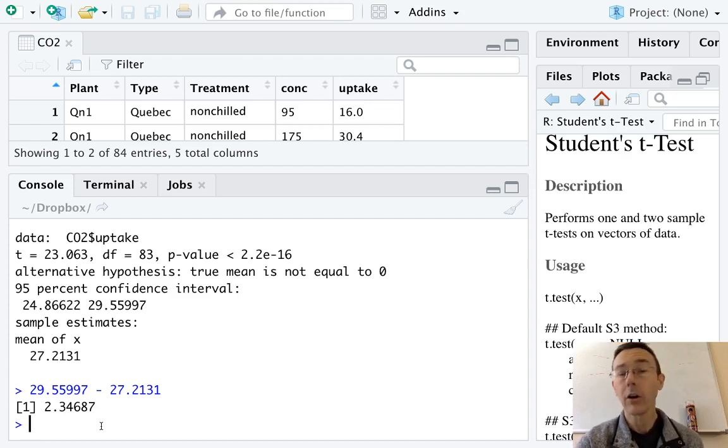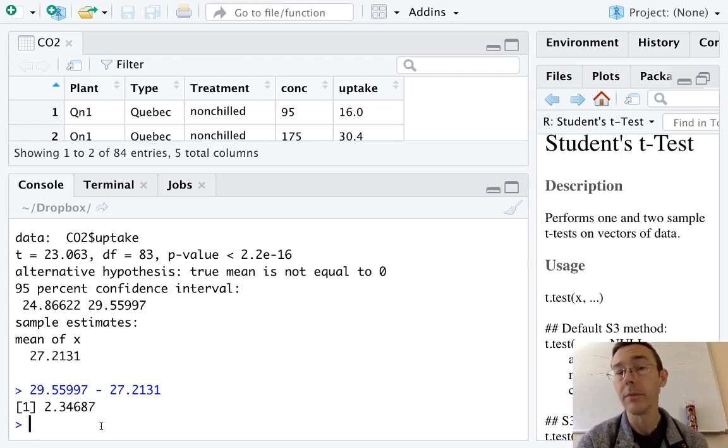We can also do this confidence interval by hand. Let's do that for practice. Remember the margin of error for a t confidence interval has the form t star s over the square root of n, where s is the sample standard deviation, n is the sample size, and t star is going to be the critical t value for the 95% confidence interval.